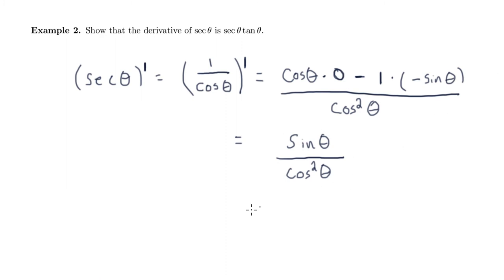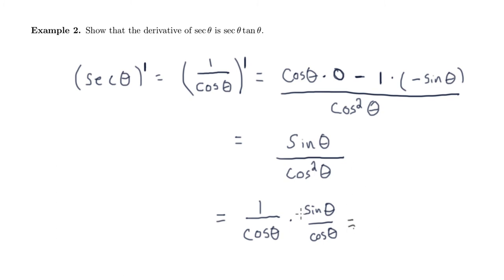This really isn't necessary, but it's just a little bit of trigonometric manipulation. So I'm just going to write this as 1 over cosine theta times sine theta over cosine theta. Notice that if we multiply straight across, that's how we multiply fractions, we get sine theta over cosine squared theta.